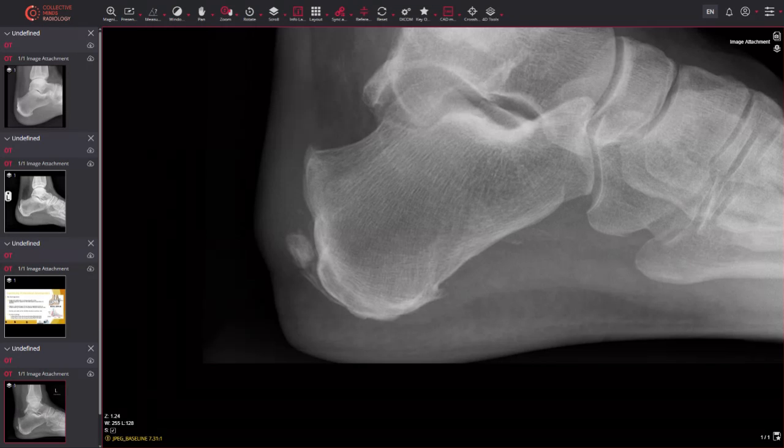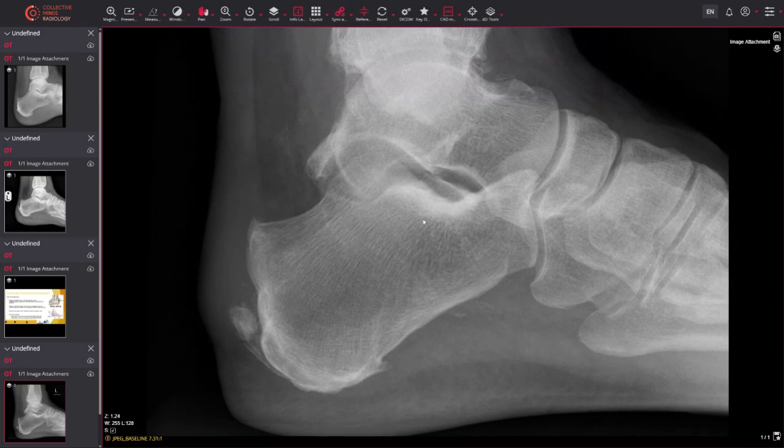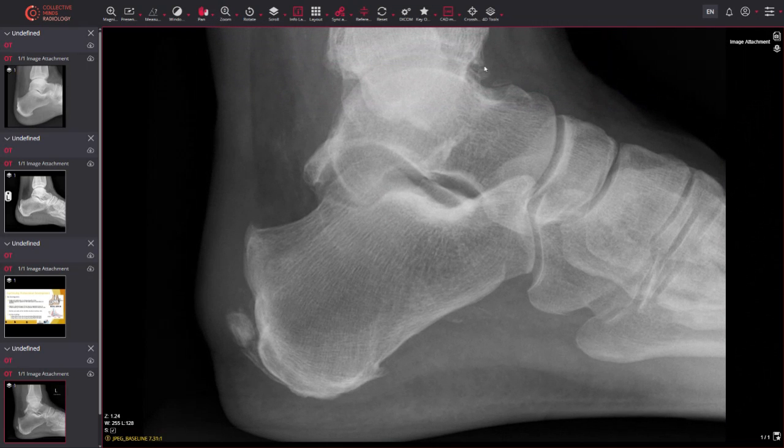Just keep an eye out for it, guys, because it can be very subtle. It's one of those things that's often missed, especially when it's more general indications and you're looking for things like osteoarthritis. So you see we've got some early osteoarthritic changes here at the ankle mortise. We've got some osteophyte formation anteriorly, and it's easy to miss Haglund's deformity. So just keep an eye out for it in future and be sure to mention it.